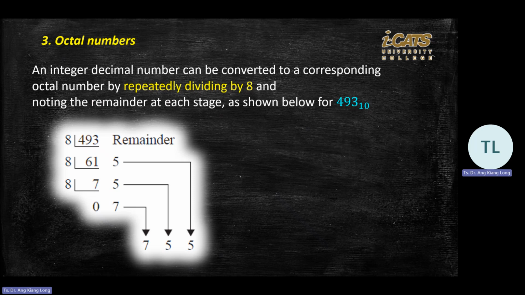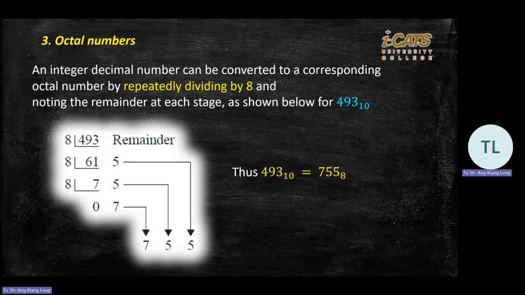Continue to divide until you get a number less than 8. Then you stop there. Then you read from bottom to top. For example, 493 base 10 equals 755 base 8, by dividing the number by 8. This one is to change base 10 to an octet number.